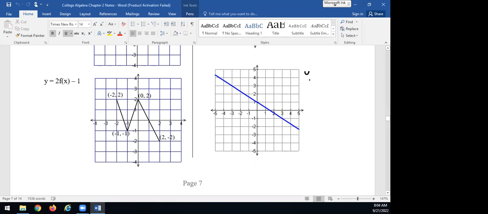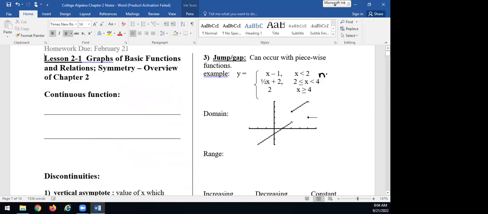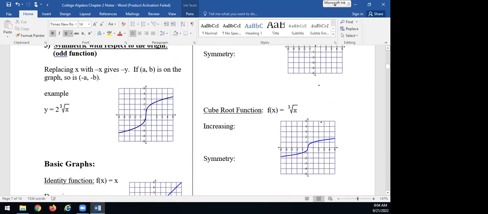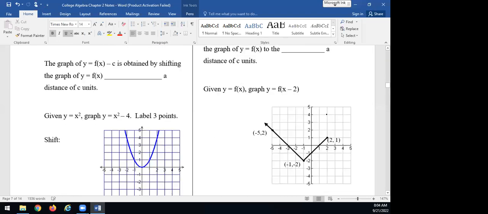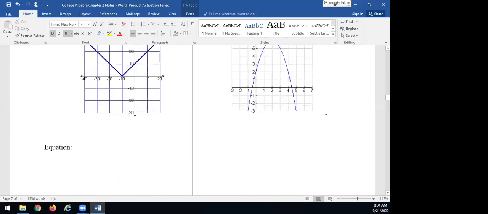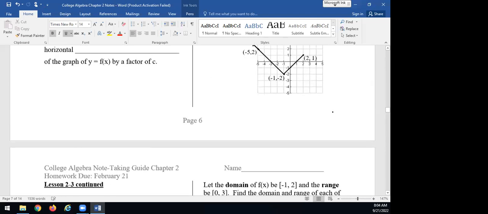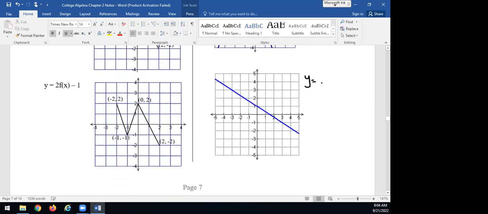Because remember that y is equal to mx plus b. Right, y is equal to mx plus b. So if you can identify the m, which is the slope, and the b, which is your y-intercept, then you can just write the equation.